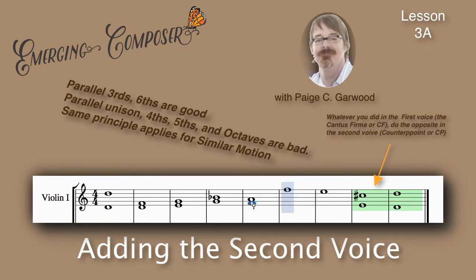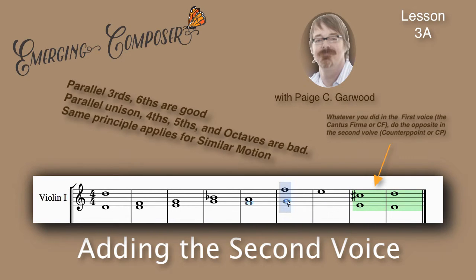Then we skipped up to an F. What can I do here? Well, generally speaking, I want to keep within an octave. Let's see what we got here. I can't use a G because G to an F is a seventh. I can't use an A. Well, I could. A to F is similar motion into a sixth. That would work. But contrary motion is always a good thing.